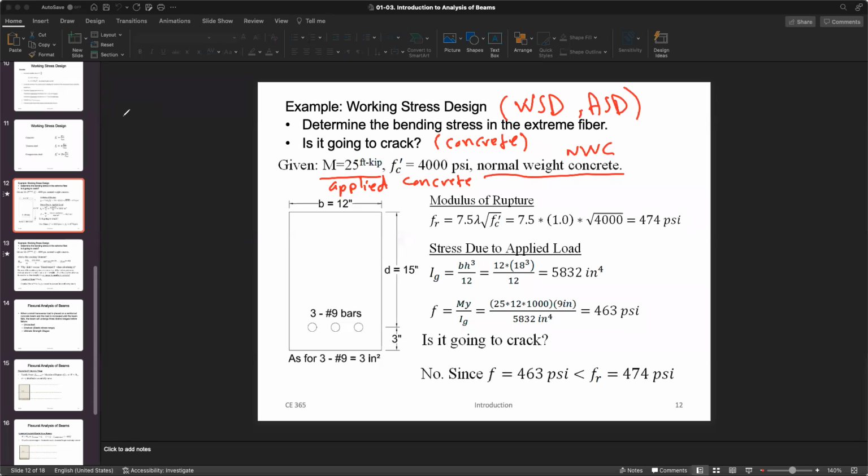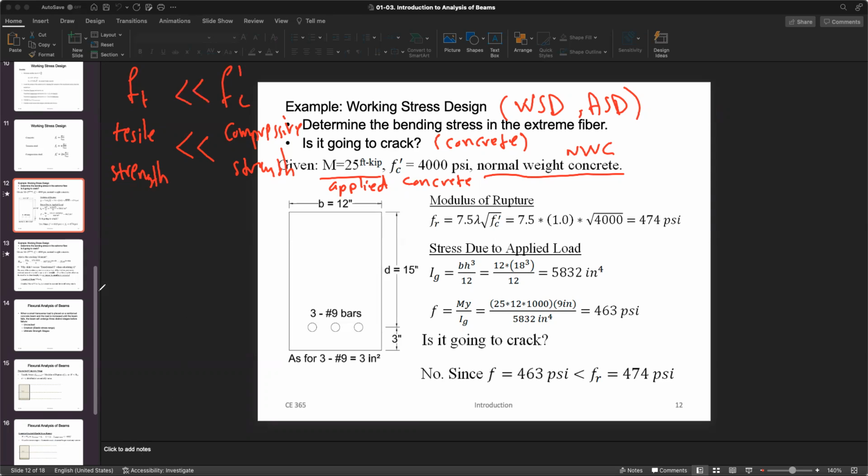Because if you remember, I told you the tensile strength of concrete is much less than compressive strength. All right, so FT, F prime C.